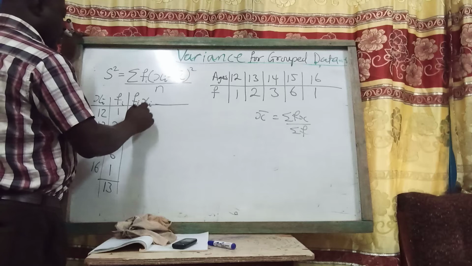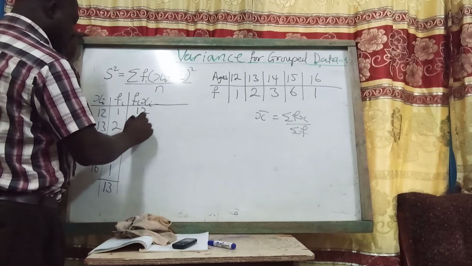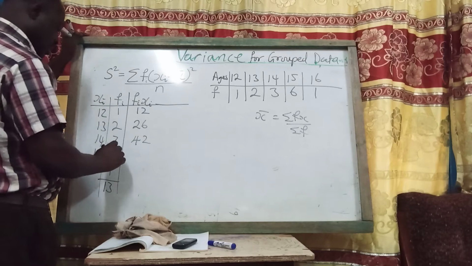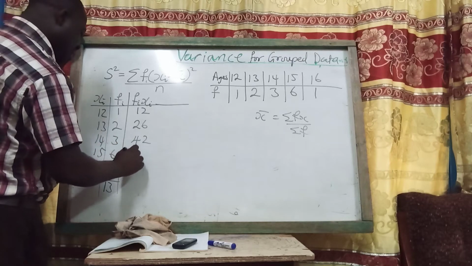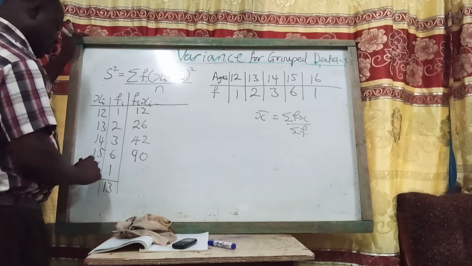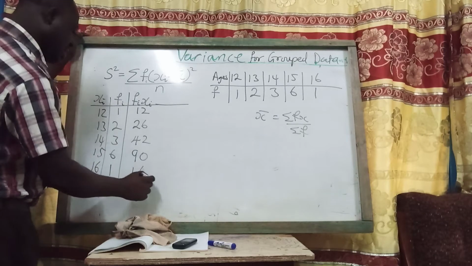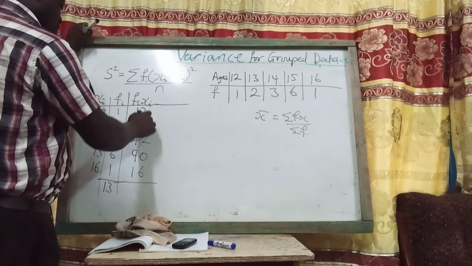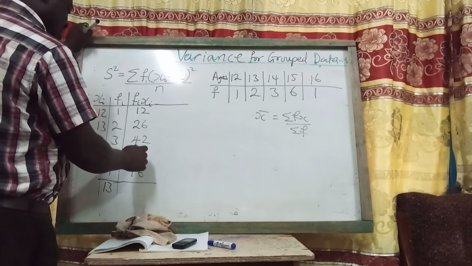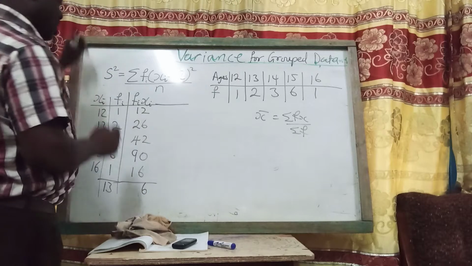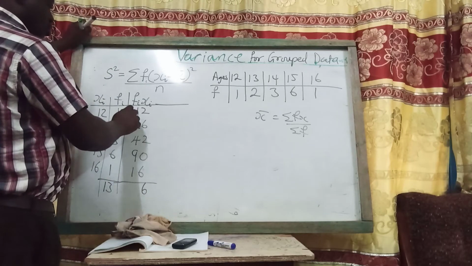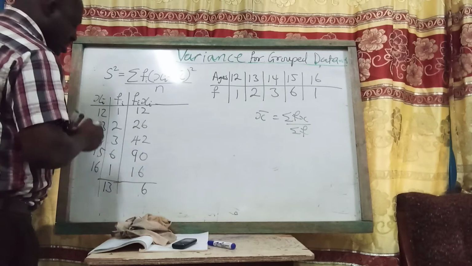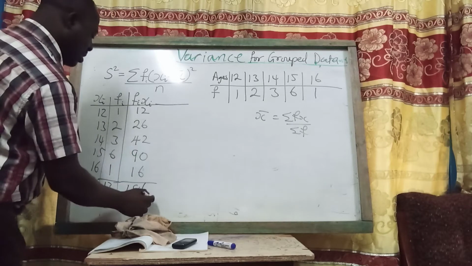We multiply, we get 12, 26, 42, 90, 16. Let's sum them. We get 186.